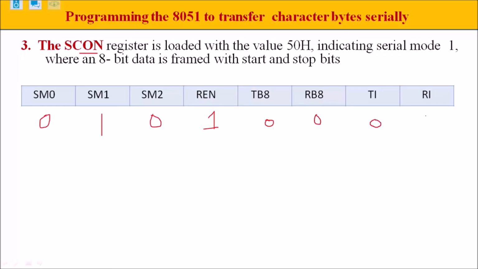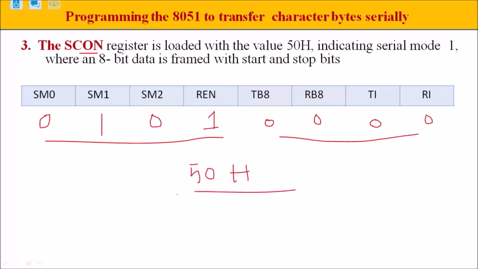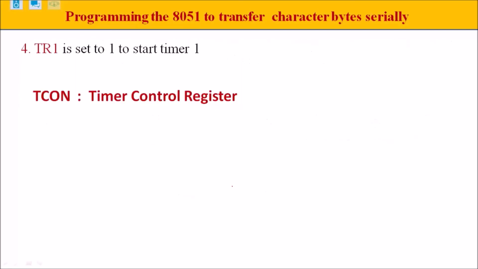We will initialize them to 0. If you convert it into hex, you will get 50H. So the SCON register will be initialized with 50H. We'll use the instruction MOV SCON, #50H. So SCON will be initialized. That will be our third step.